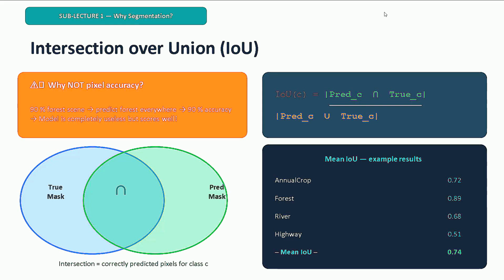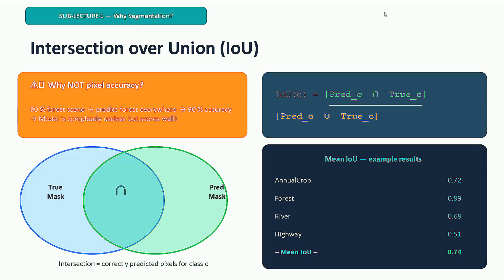That's why semantic segmentation commonly uses intersection over union, IoU. For each class, we calculate the number of pixels where the prediction and the ground truth overlap. This is called the intersection. We then divide that by the total number of pixels that belong to that class in either the prediction or the ground truth. This is called the union.